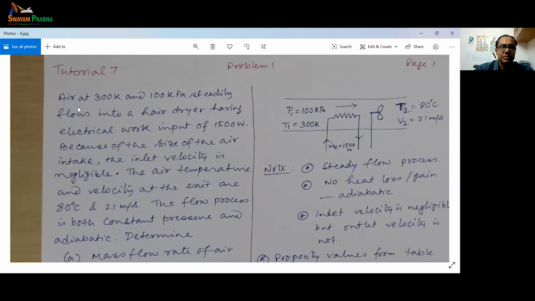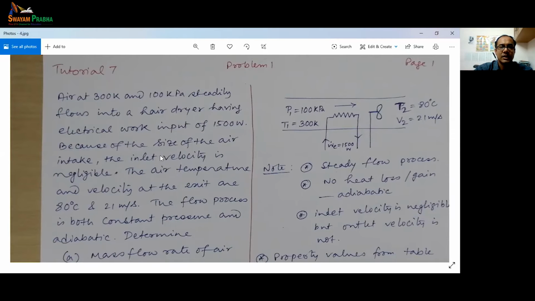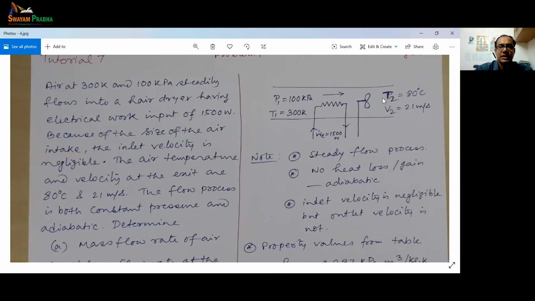So the problem statement is the following: air at 300 Kelvin and 100 kilopascal steadily flows into a hair dryer having an electrical work input of 1500 watt. On the right hand side you can see the schematic diagram. This is a hair dryer circuit.